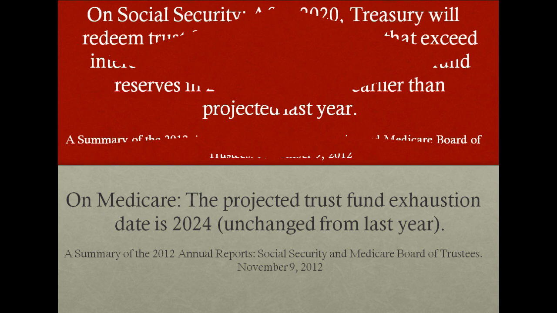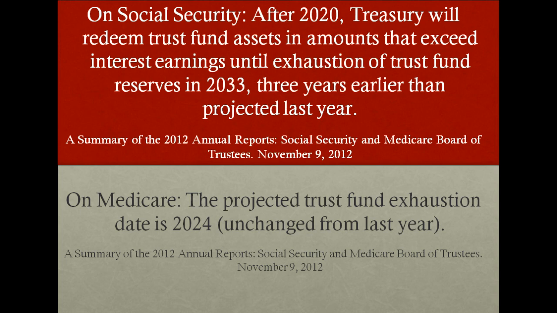A second reason why American citizens should take a serious look at life insurance products as a way to build and grow tax-free assets with various tax-free living benefits is the subject of Social Security and Medicare. These are excerpts taken from the Social Security and Medicare Board of Trustees report dated November 9, 2012.